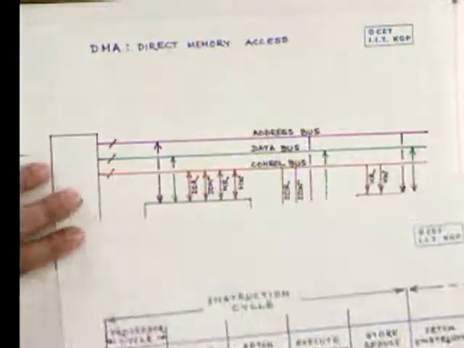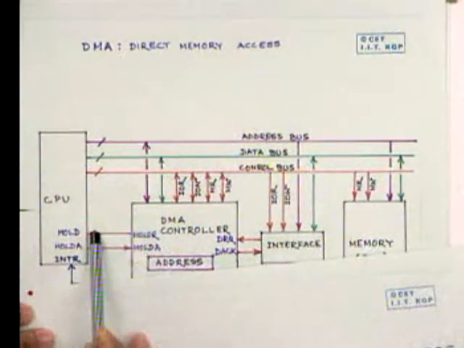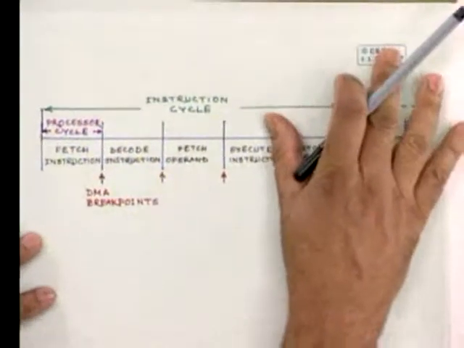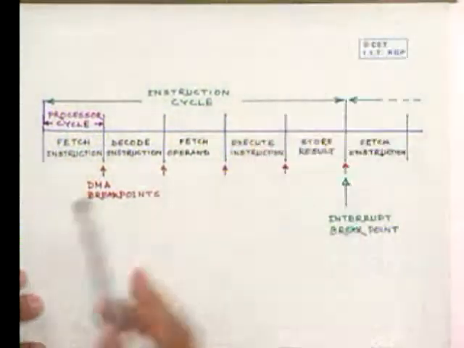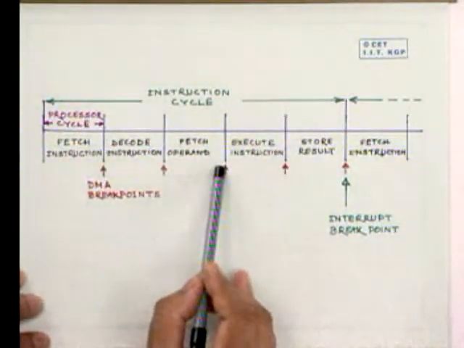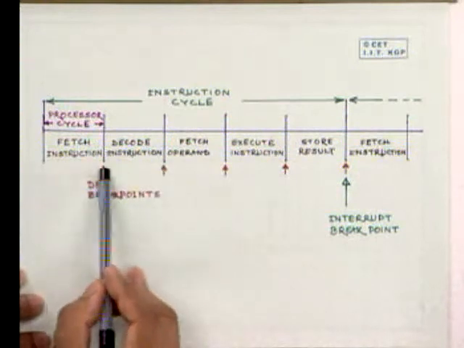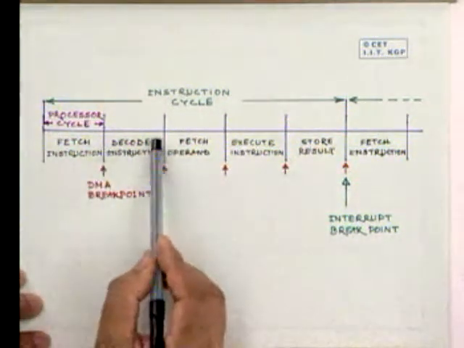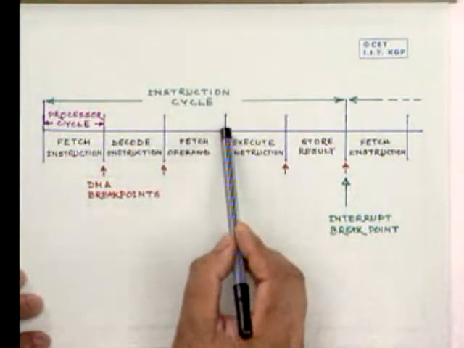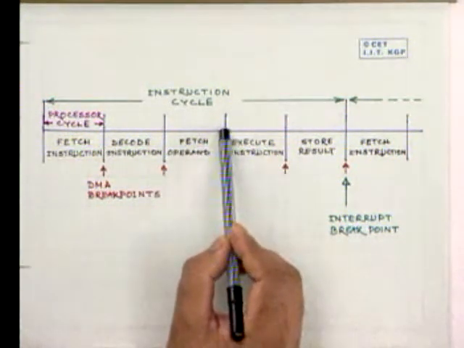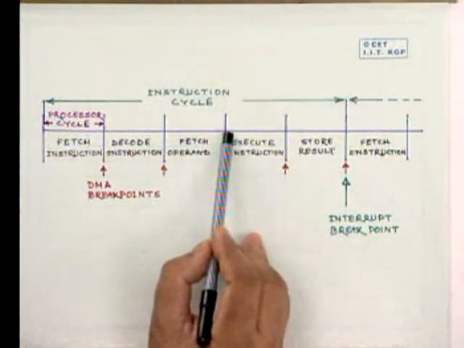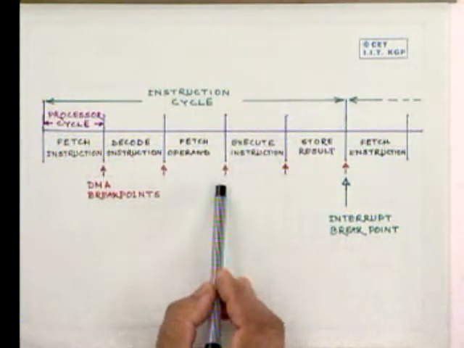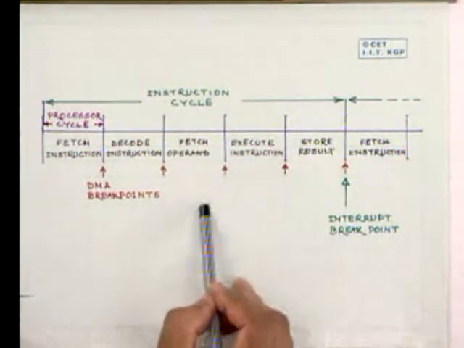You can see here that on a hold request, the hold acknowledge can be given at these points, because at these points the CPU has completed the execution of one complete processor cycle, and therefore the bus is no more in an intermediate state. The bus has to change status from this cycle to that cycle, and therefore in between, the DMA can just steal a cycle.